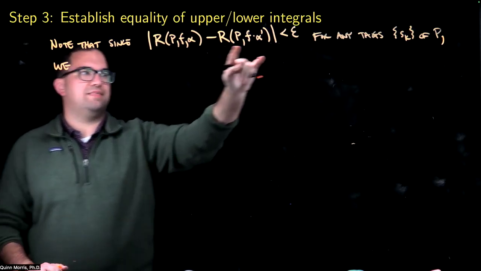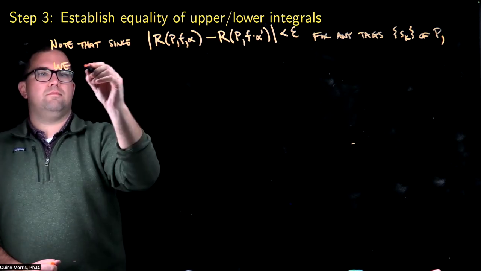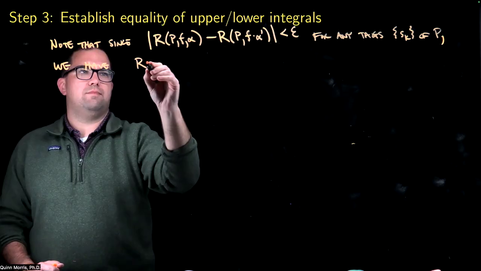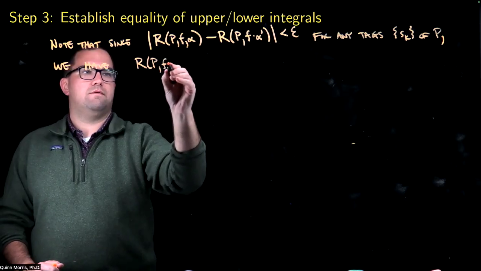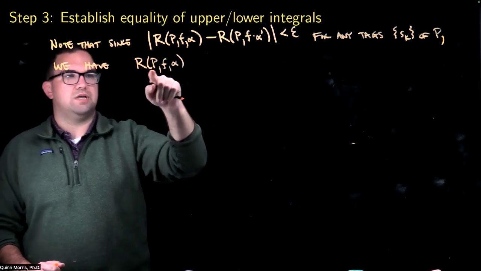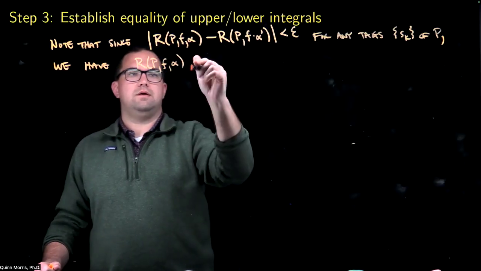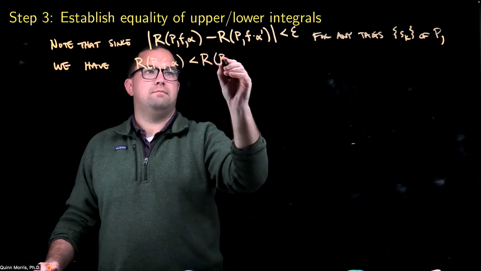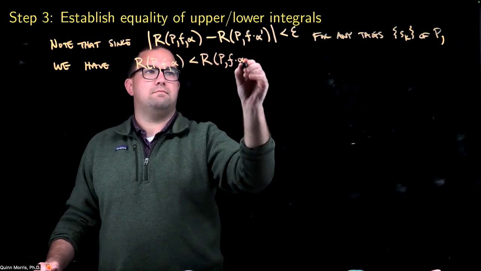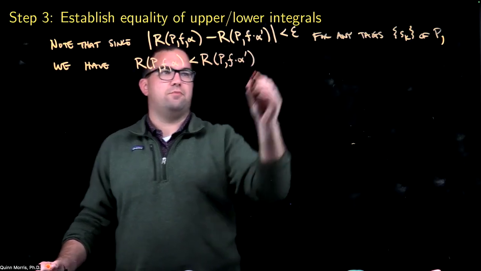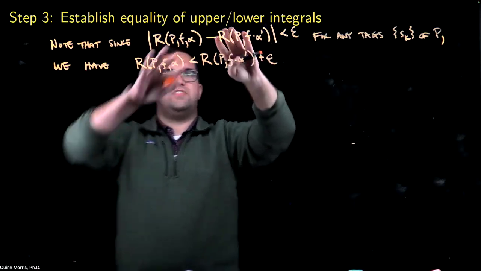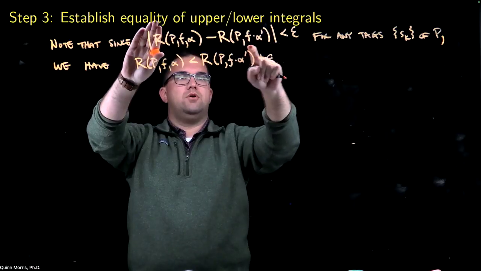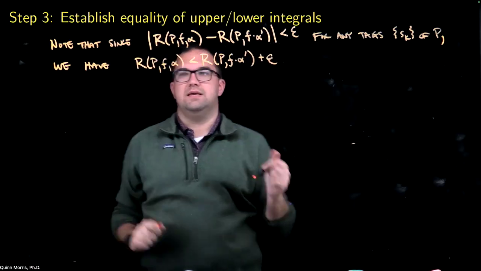if I just break this up, then we have two things. So we have that the Riemann-Stieltjes sum is less than the Riemann sum for F times alpha prime plus epsilon. So if this quantity happens to be positive, you could just drop the absolute values, move this term over, you get this.